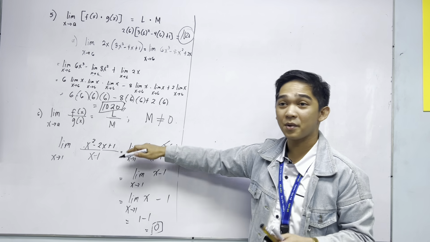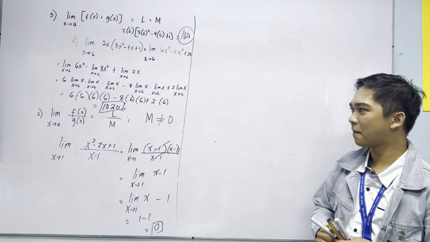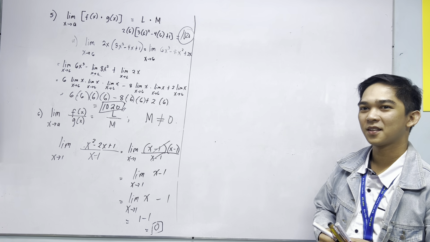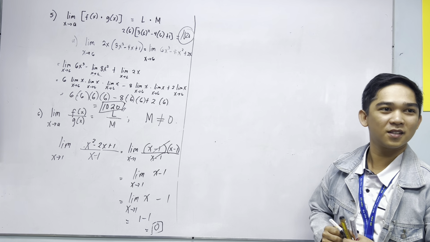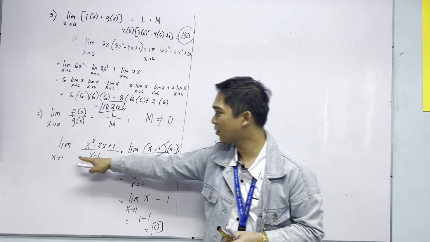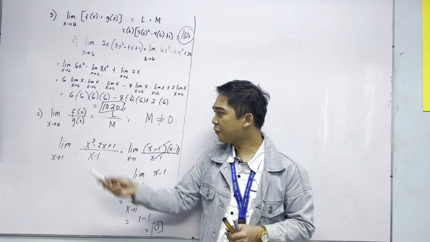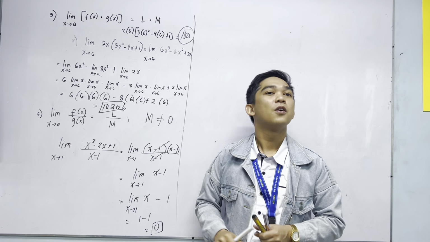How about in number 6? Substitute nyo nga. Magiging undefined. Kasi 1 minus 1, 0. Meaning, if we have a division, hindi ka basta mag-substitute.